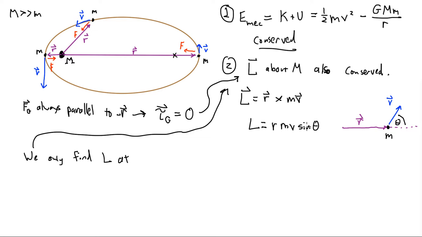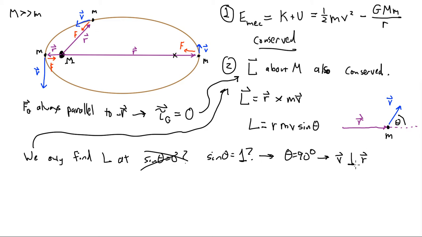So sine theta equals 0? Well, no. So what's the other nice value we can have? 1. So where does sine theta equal 1? Sine theta equals 1 when theta equals 90 degrees, and when theta is 90 degrees, obviously, velocity and the r vector are going to be perpendicular.